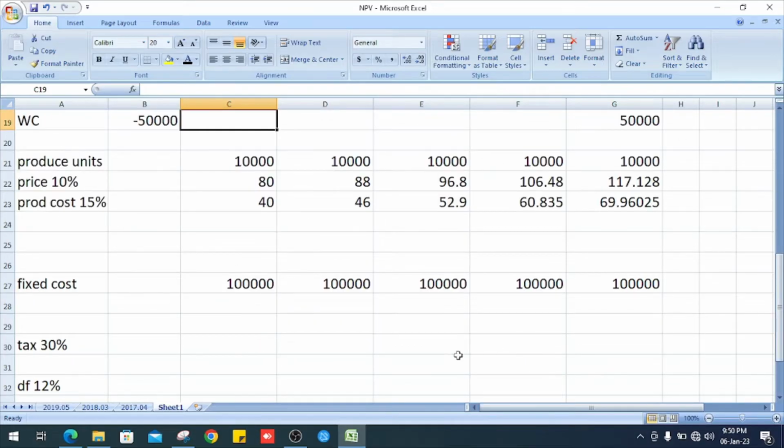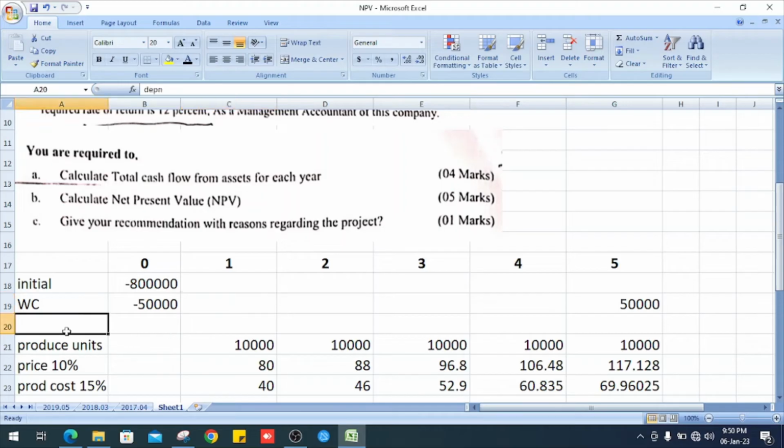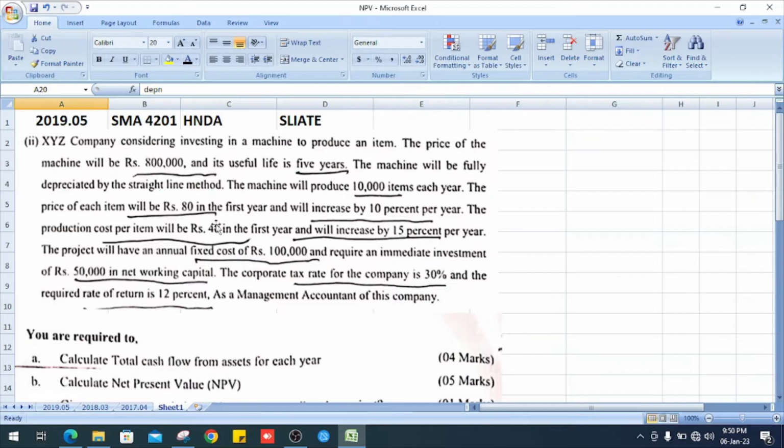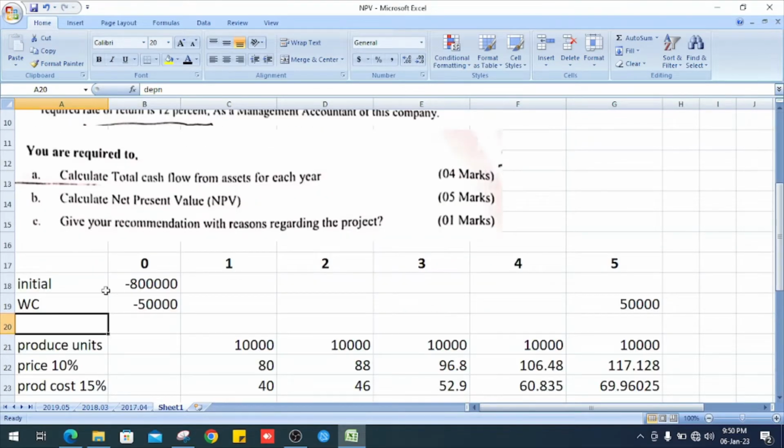Okay, we enter the values. Let's see next, our depreciation. How do we get the depreciation amount? Our initial investment is 800,000.